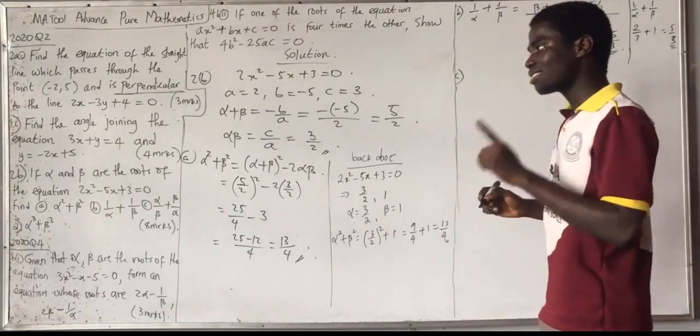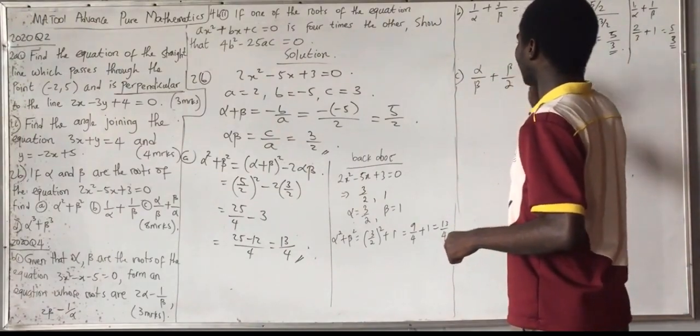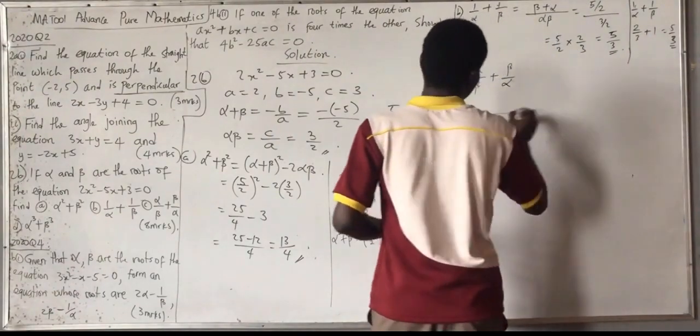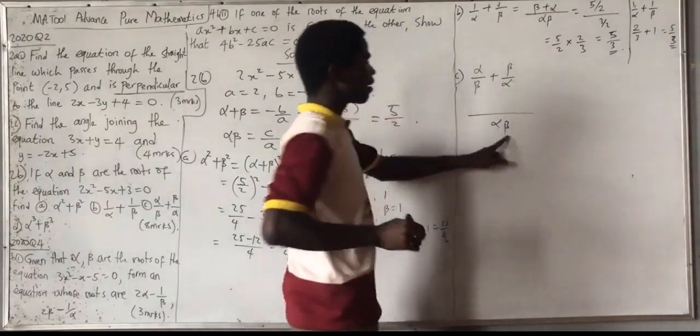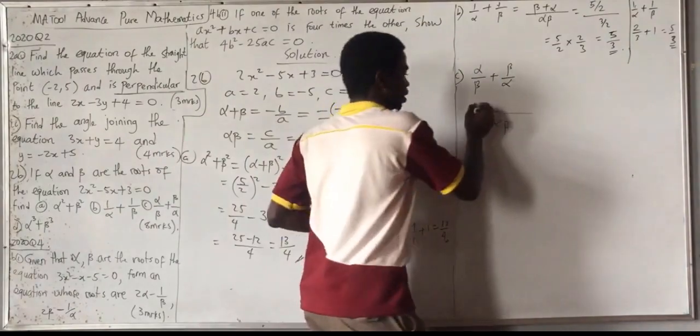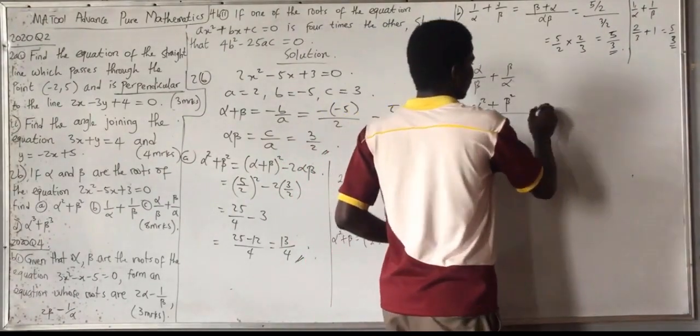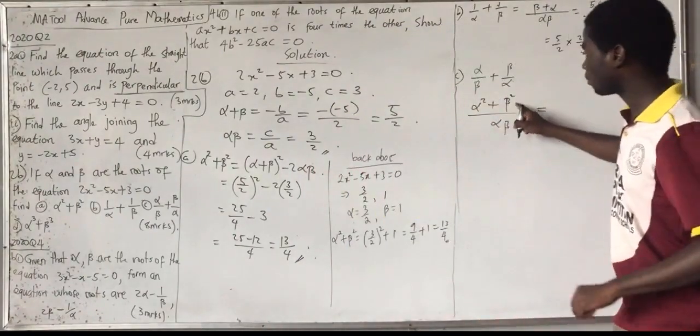Now, C is alpha over beta plus beta over alpha. So LCM is alpha beta. Alpha beta divided by beta is alpha. Alpha times alpha, alpha square. You have alpha square plus this one, you have beta square. You've done alpha square plus beta square before.